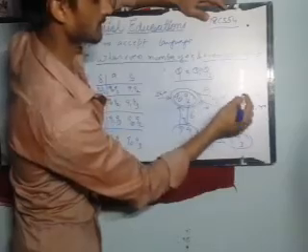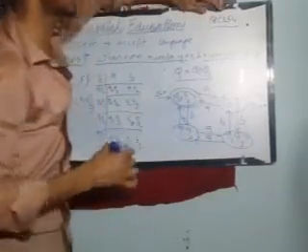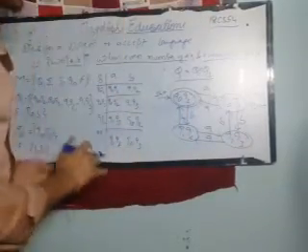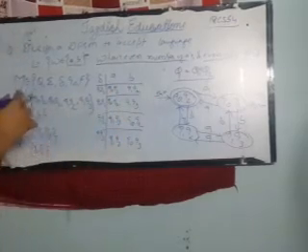This DFSM rejects an odd number of a's and an odd number of b's. So this is the solution for the given problem.